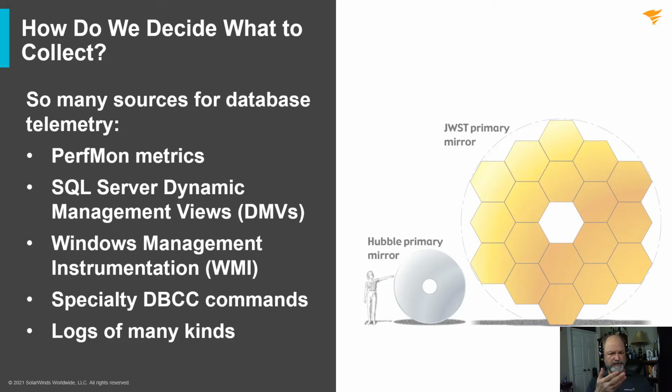And so across the different product lines that we have at SolarWinds, we look at things like perfmon counters, certain kinds of values from the SQL Server dynamic management views and dynamic management functions. We look at Windows Management Instrumentation and other kinds of operating system level information that you might even find in other operating systems like Linux. In the old days, we used to have a lot of specialty DBCC commands like memusage.